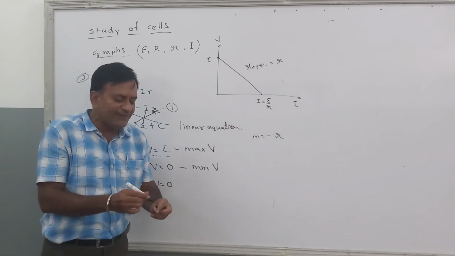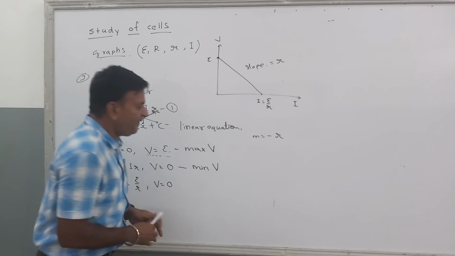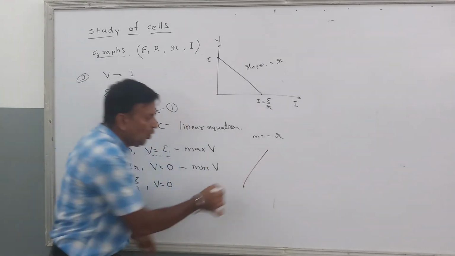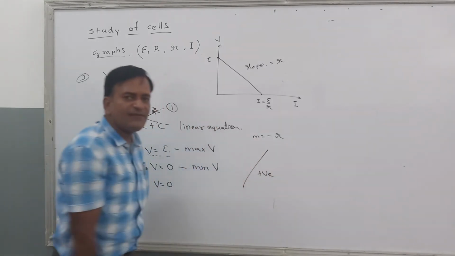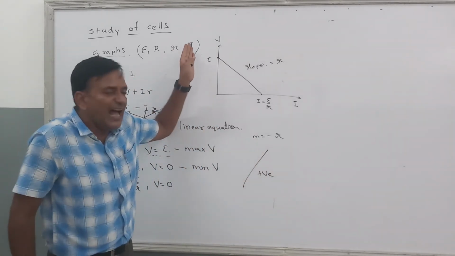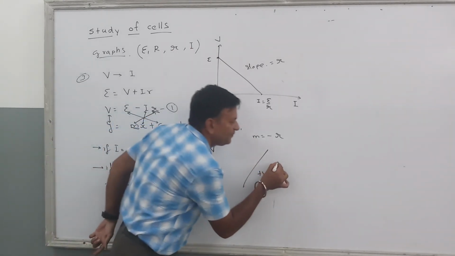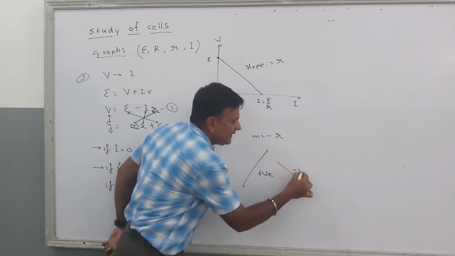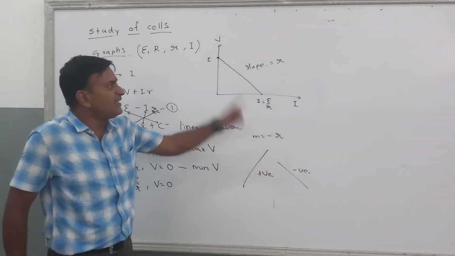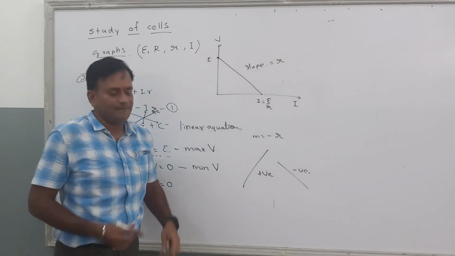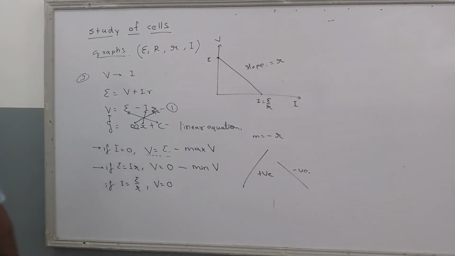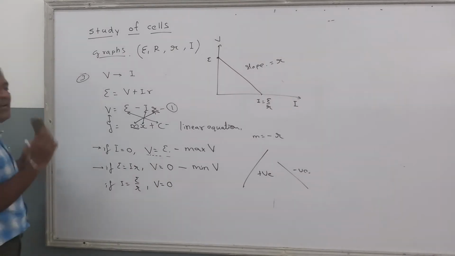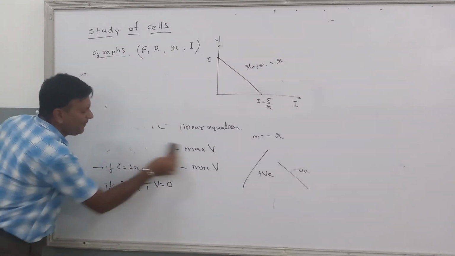You know what a negative slope is? If the graph slopes this way, this is known as positive slope, and if the graph slopes the opposite way, like this, it is negative slope. So what is the slope of this graph? It is negative. Clear?